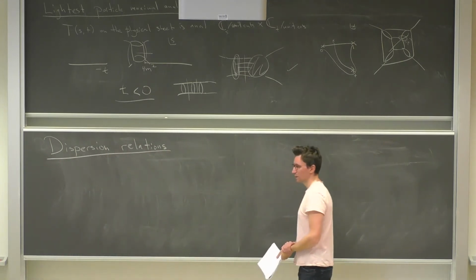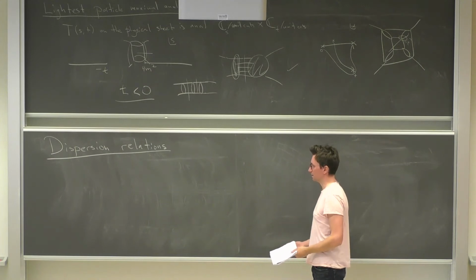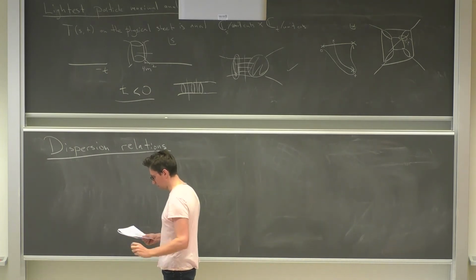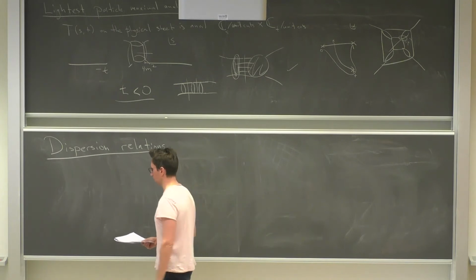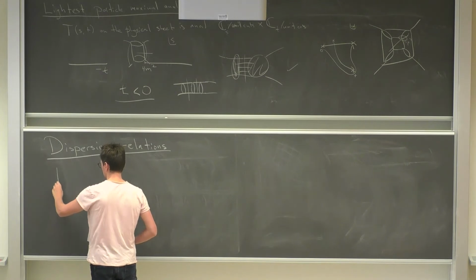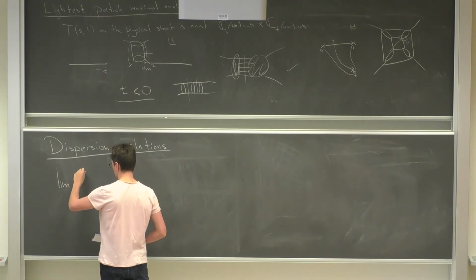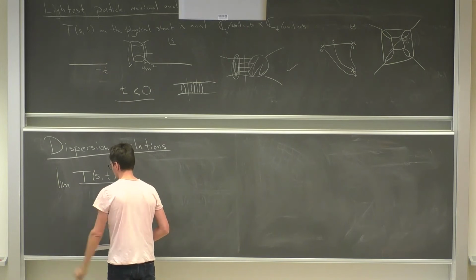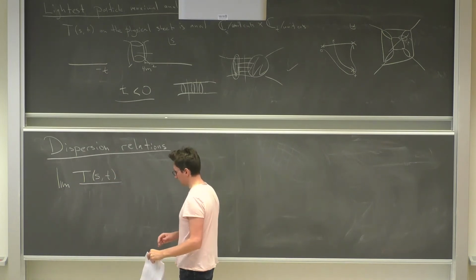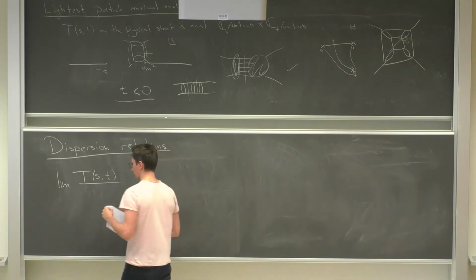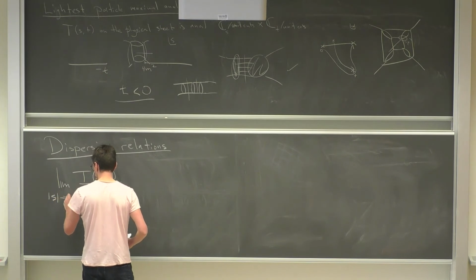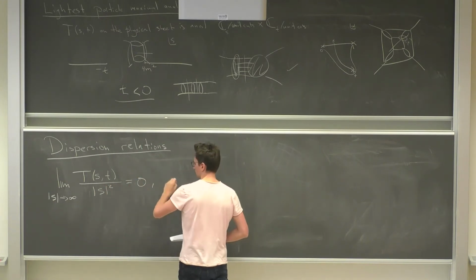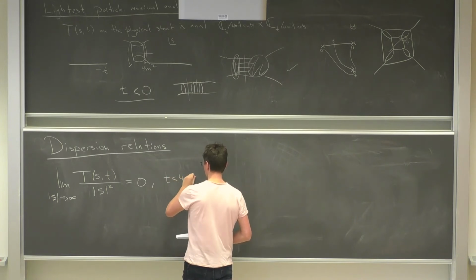So we will now combine crossing, unitarity, analyticity, and let me remind you something which we discussed, which is the Froissart bound, and you can convince yourself that the Froissart bound can also be related to the following statement: that if you take an amplitude as a function of S and T, again I'm taking it for the scattering of identical particles, which are lightest particles, and you take absolute value of S to infinity, and you divide by S squared, this is 0, as long as T is less than 4m squared.